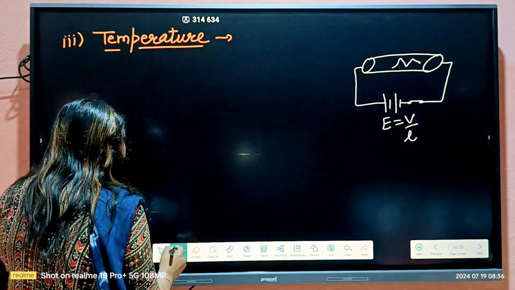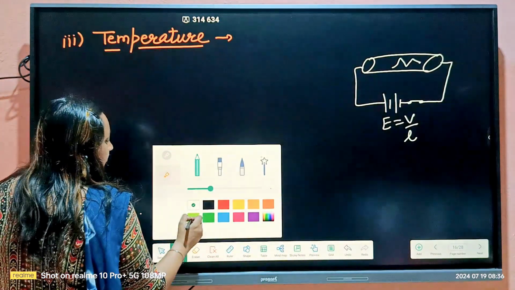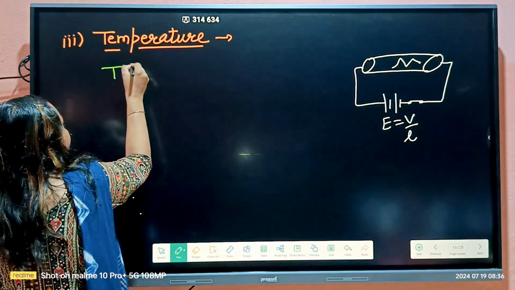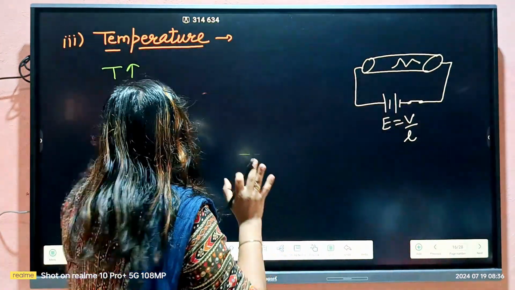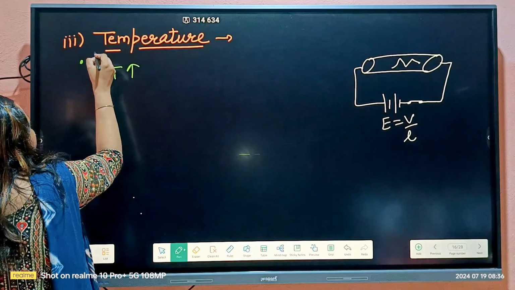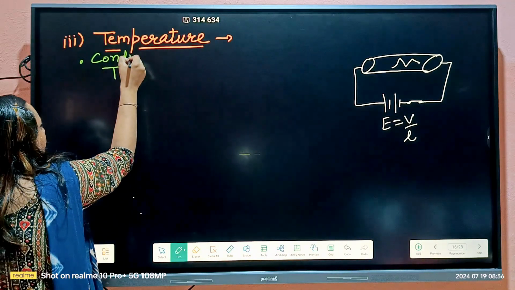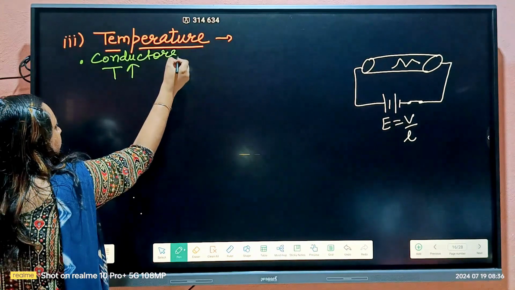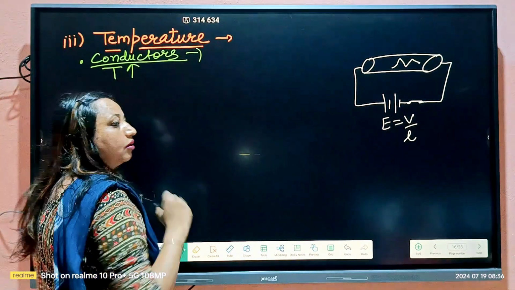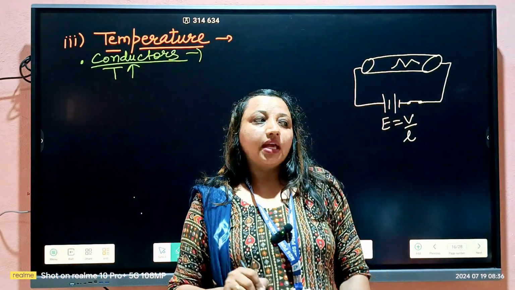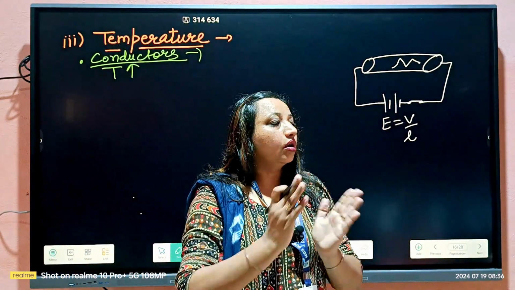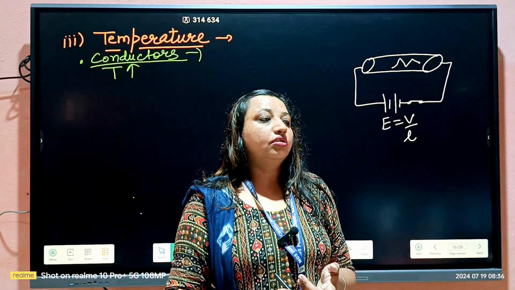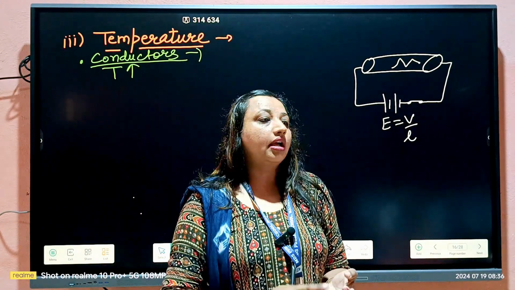So when we increase the temperature of the conductors, in this case we only talk about the conductors. Further, in the upcoming topics, we will also discuss the effect of temperature on semiconductors, insulators and alloys.